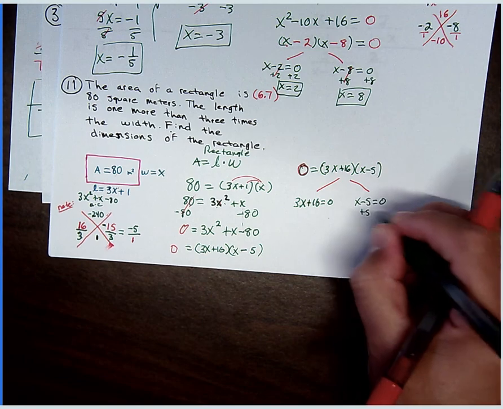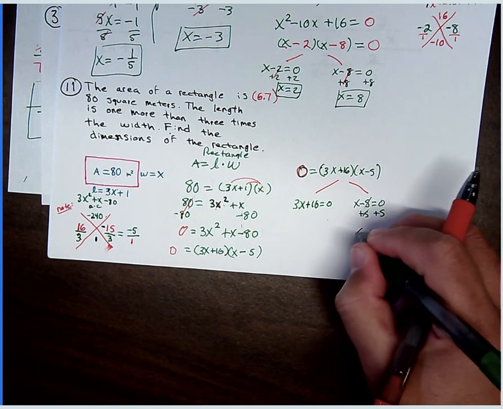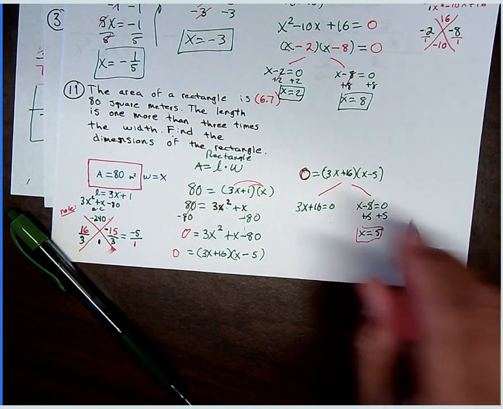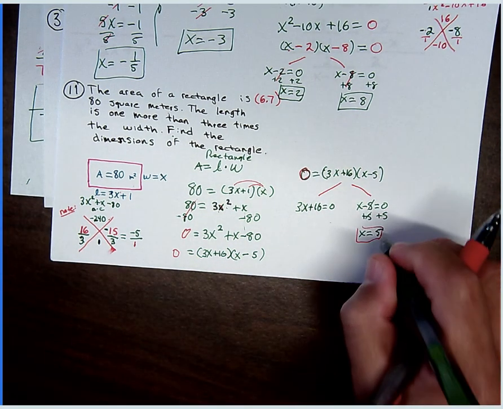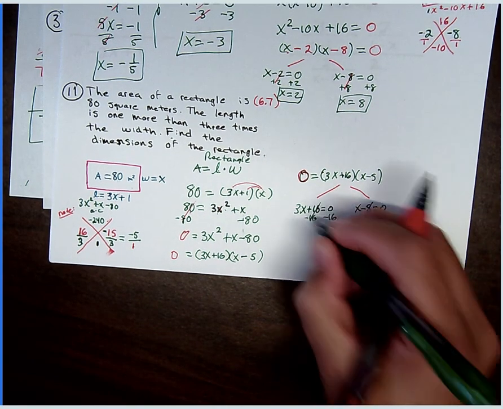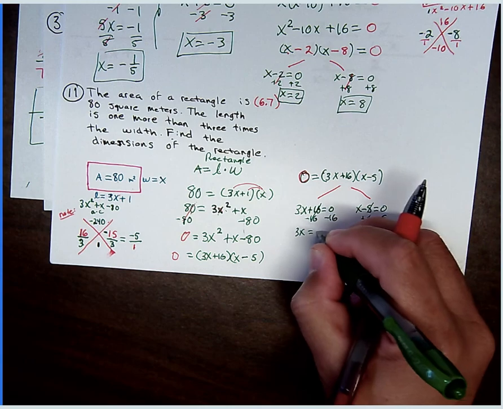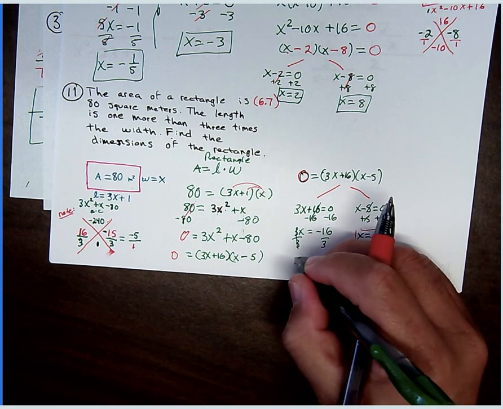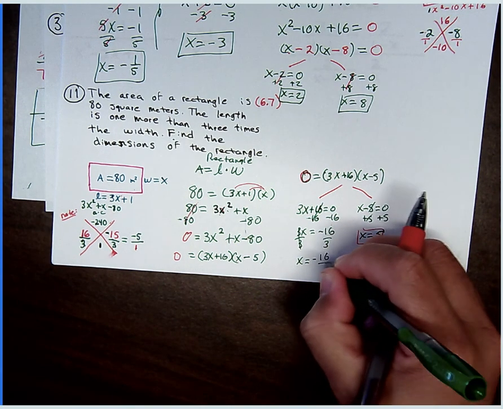So plus 5, so x equals 5. Those are not the answer yet. And then minus 1 on both sides, so 3x equals negative 1, divided by 3. So x equals negative 1 over 3.